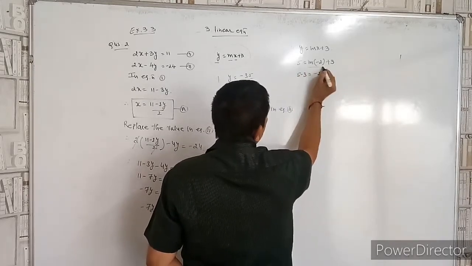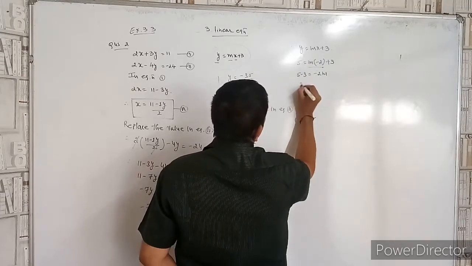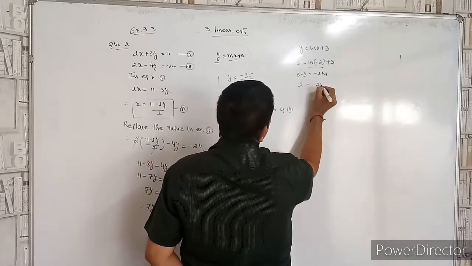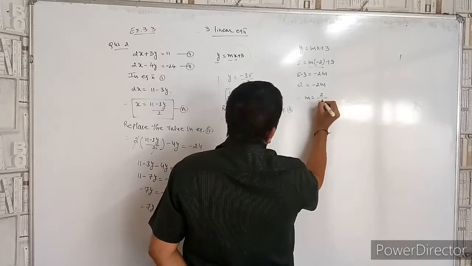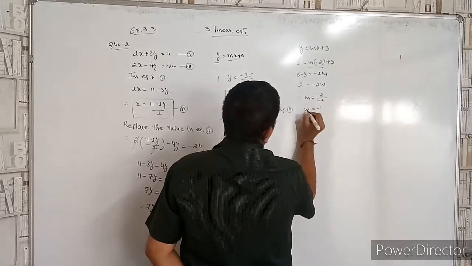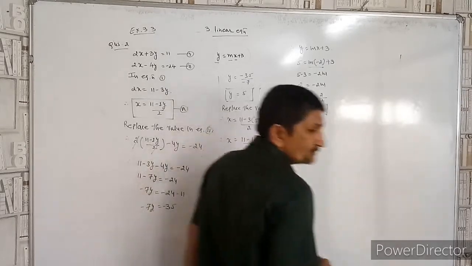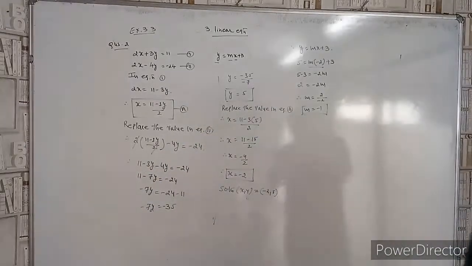So 2 is equal to minus 2m. Therefore m is equal to 2 upon minus 2. So ultimately it is minus 1. So this is the value of m we get. Clear?